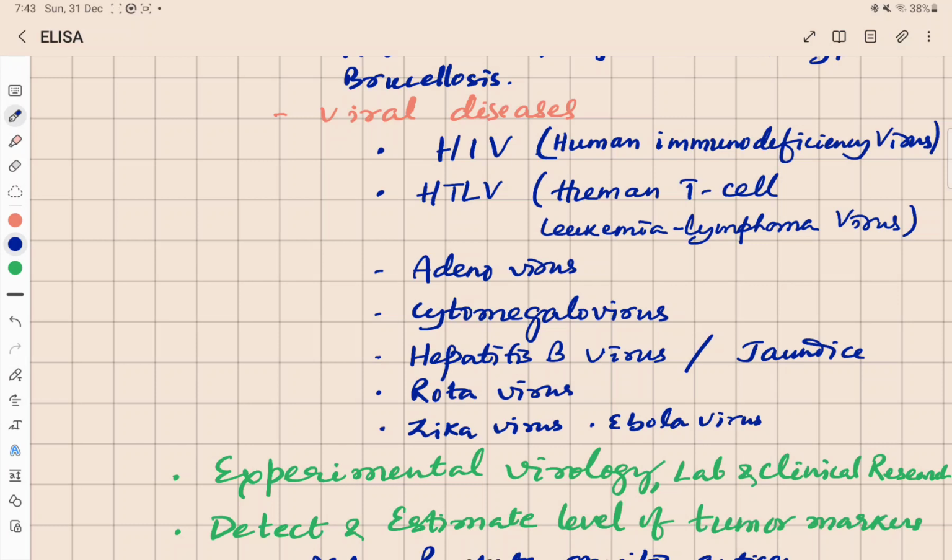We can also diagnose human T-cell leukemia lymphoma virus, HTLV, adenovirus, cytomegalovirus, hepatitis B, A, C, all these. We can also detect rotavirus, Zika virus, Ebola virus. All these we can diagnose through ELISA.